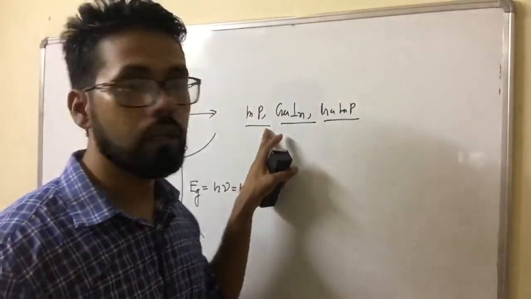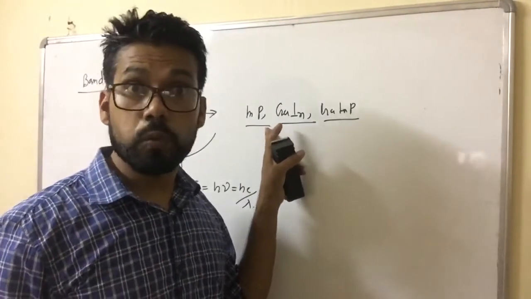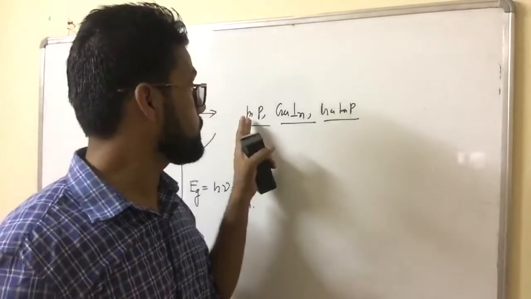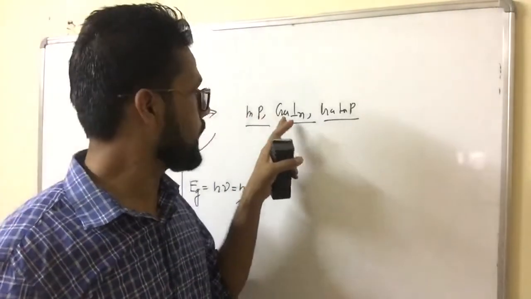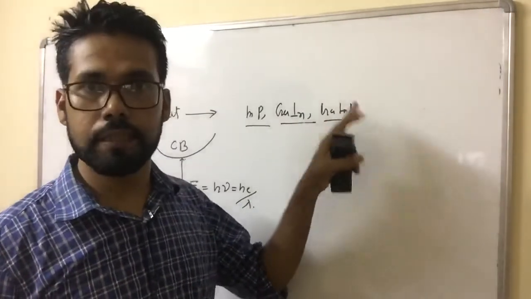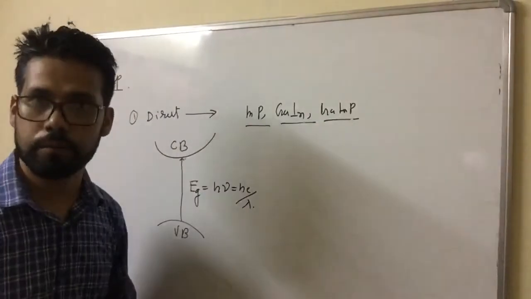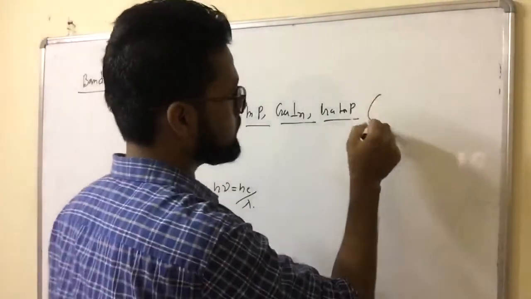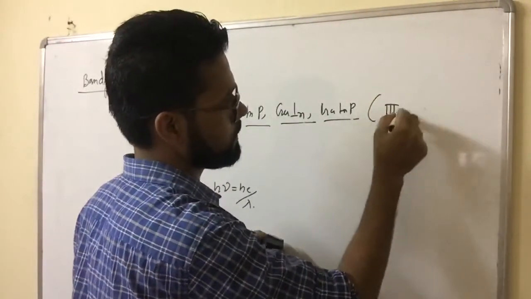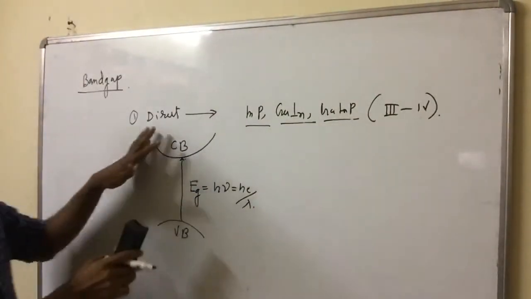Because these semiconductors consist of two different types of atoms: one is indium, one is phosphorus, and one is gallium, one is indium. Gallium arsenide, gallium indium phosphide. These are the compound semiconductors, and these are the direct band gap semiconductors. Okay, and this always happens with group 3 and group 5 elements. I will discuss that later.